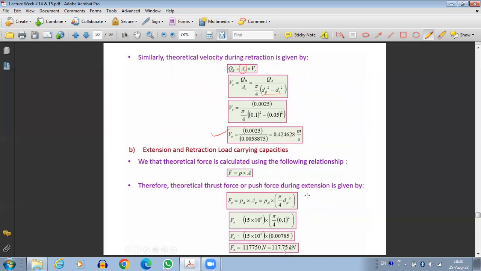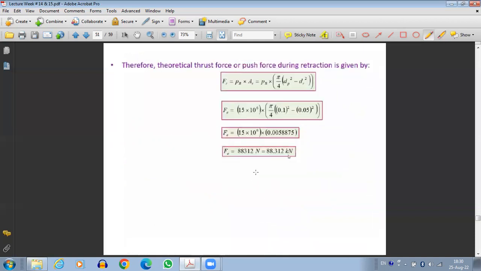So for the case of extension, it's the pressure multiplied by the area of the piston. We can find out the force, and then for the case of retraction, it will be the pressure multiplied by the rod side area. That will be of the annulus region. Substituting the values, we can get what is the force on the retraction side.